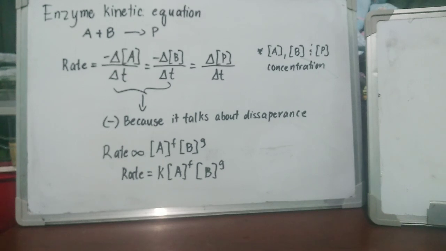So, bakit ba negative si concentration A and concentration B while concentration P is positive?